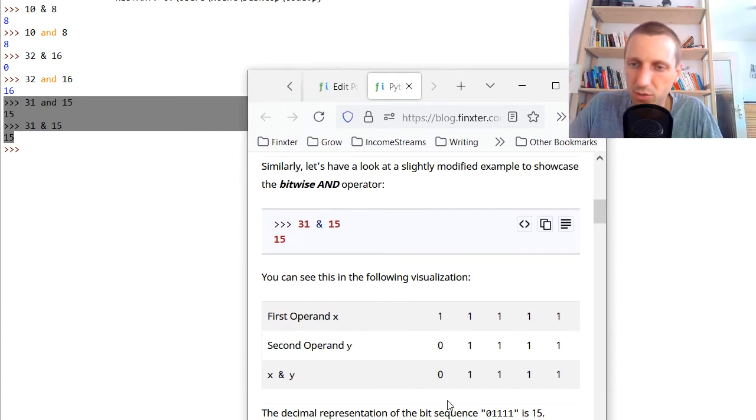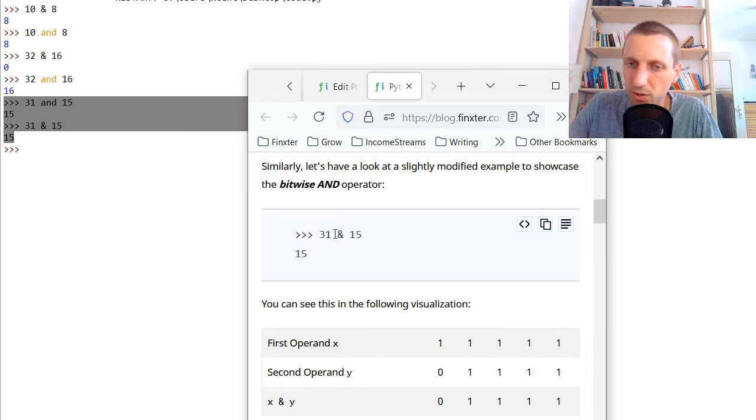So we have the first operand here. We need to represent the number 31, which is 1, 1, 1, 1, 1. Why is that? Because we have 1 plus 2 is 3, plus 4 is 7, plus, actually there's one missing, right? I think this is not right.